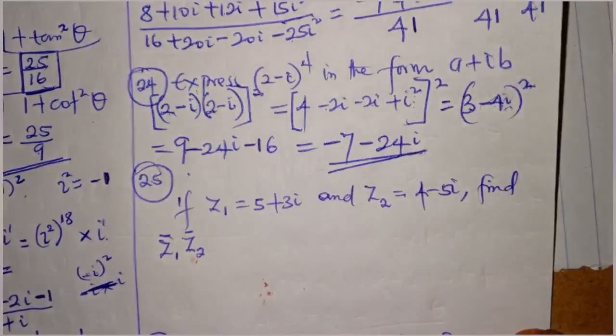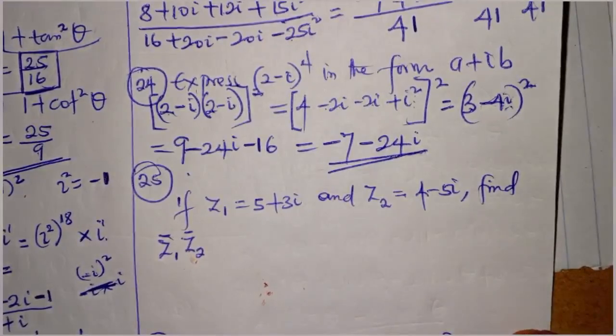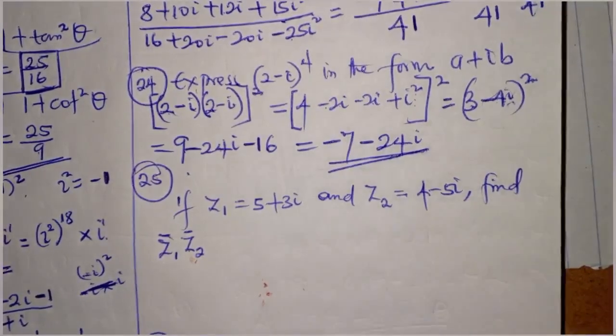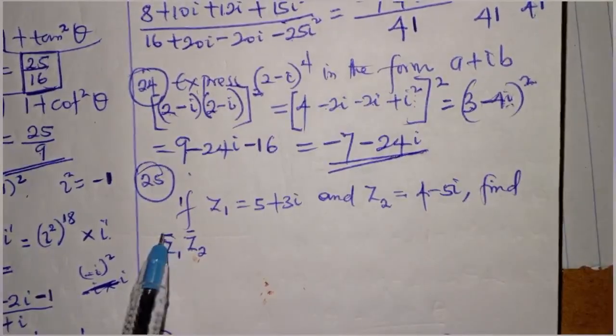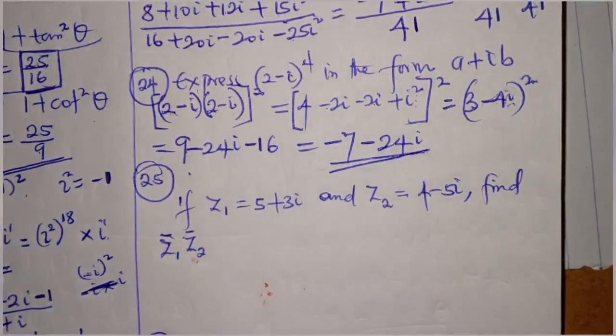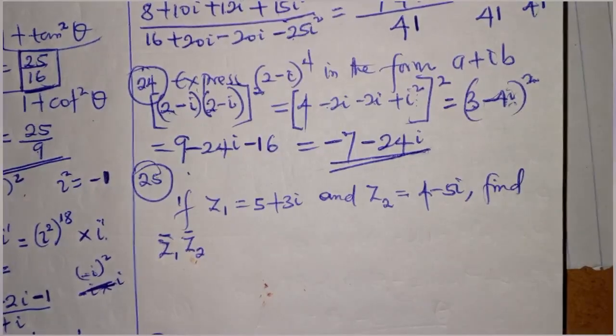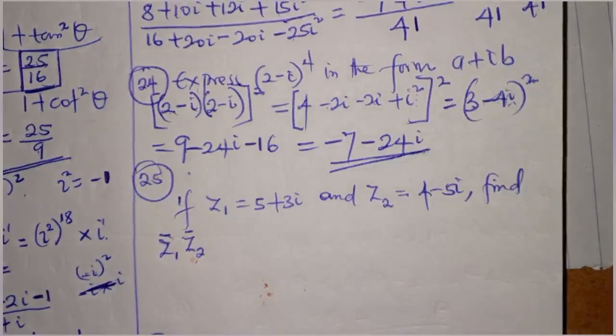Question 25. If z1 is equal to 5 plus 3i and z2 is 4 minus 5i, we have to find z1 bar times z2 bar. When you see a bar on top of a complex number, that means conjugate. So we are actually taking the product of the conjugate of z1 and z2.